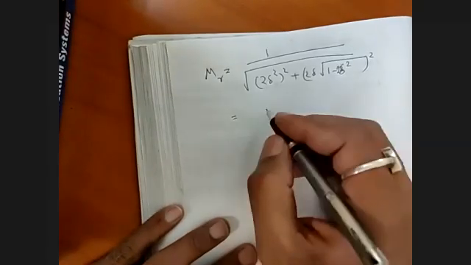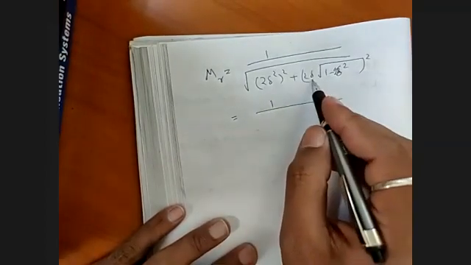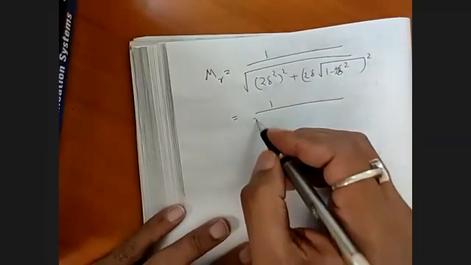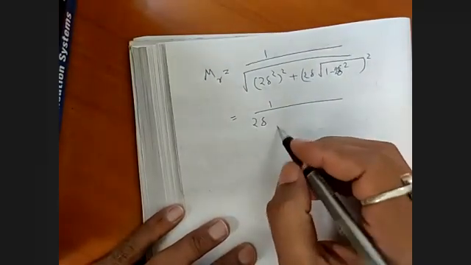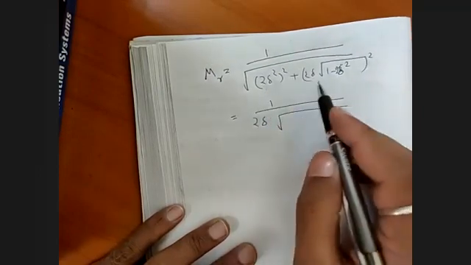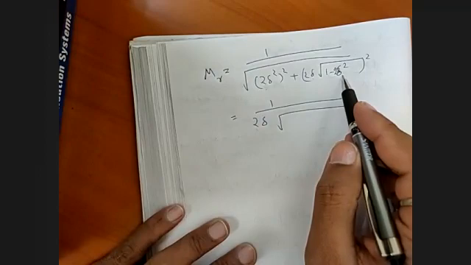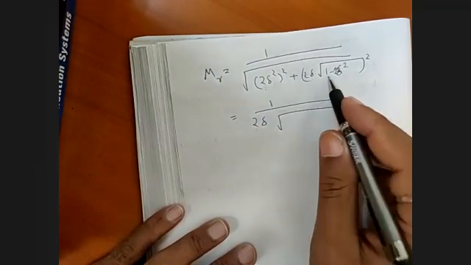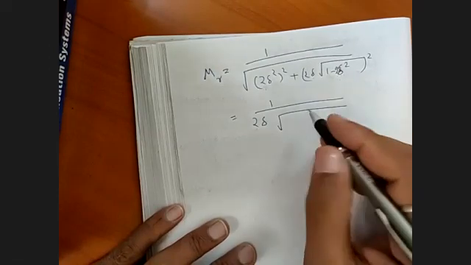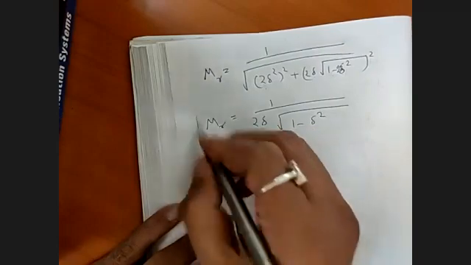So we get 1 upon 2 del square and 2 del square को बाहर ले लिया, तो this will become 2 delta under root 1, and this will become 1 minus 2 del square. So that will also become 1 minus 1 2, so that will become 1 minus del square. So this is MR.